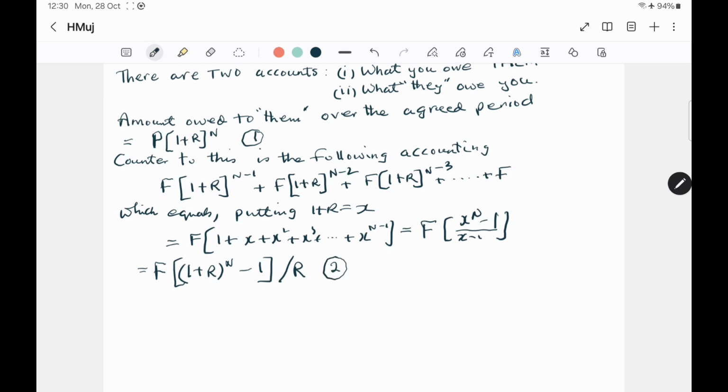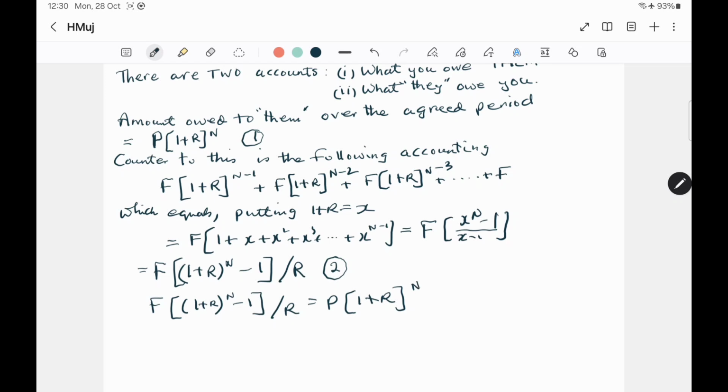Now, at the end of the entire period, these two accounts, 1 and 2, must balance. So we get F times ((1 plus R) to the N minus 1) divided by R equal to P into (1 plus R) to the Nth.